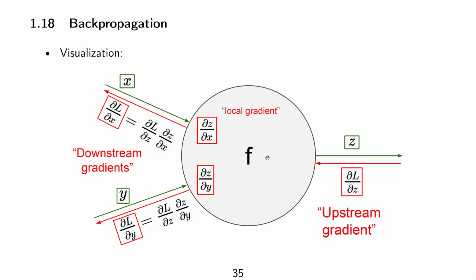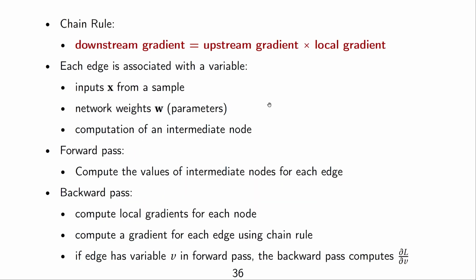Now, the equation that you can remember here, this is the slightly reformulated way of the chain rule that is used in these drawings: downstream gradient equals upstream gradient times local gradient.